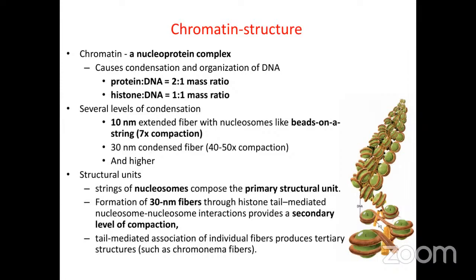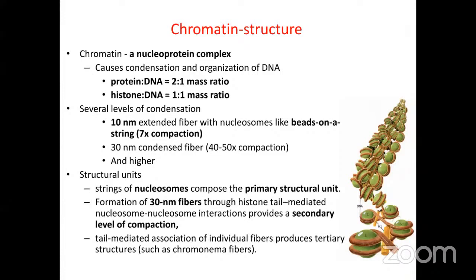So what are these histone proteins? Histone proteins are the proteins associated with the DNA. As you know, the DNA is negatively charged because of the phosphate group. Whereas the histone proteins are rich in basic amino acids. What are these basic amino acids?